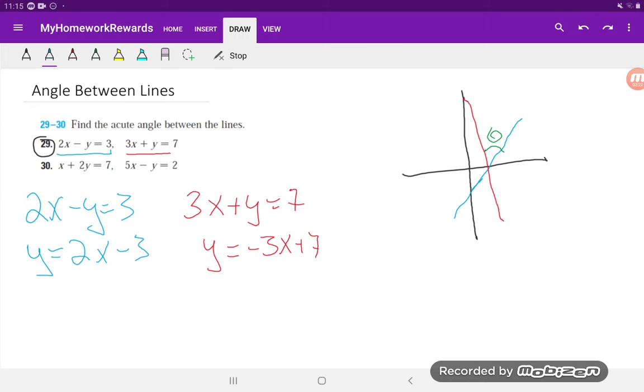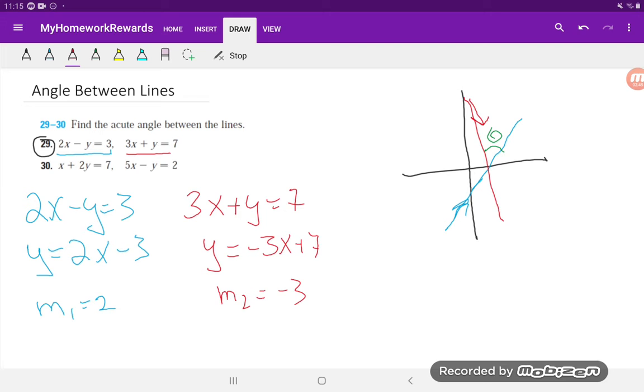So the slope of the first line, m1, is equal to 2, and the slope of the second line is minus 3. So really, this line we can express as a vector that is the same as the slope, and for this one, we'll be going downwards.